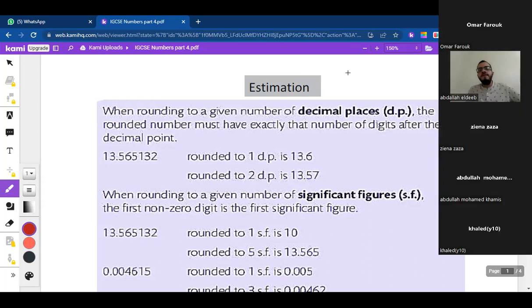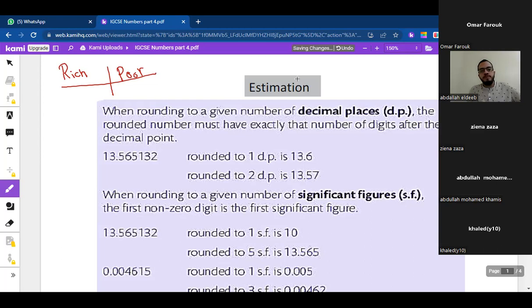You know, guys, we have 2 types of numbers: the rich numbers and the poor numbers. The rich numbers are what? Who remembers from grade 3? 5, 6, 7, 8, and 9.